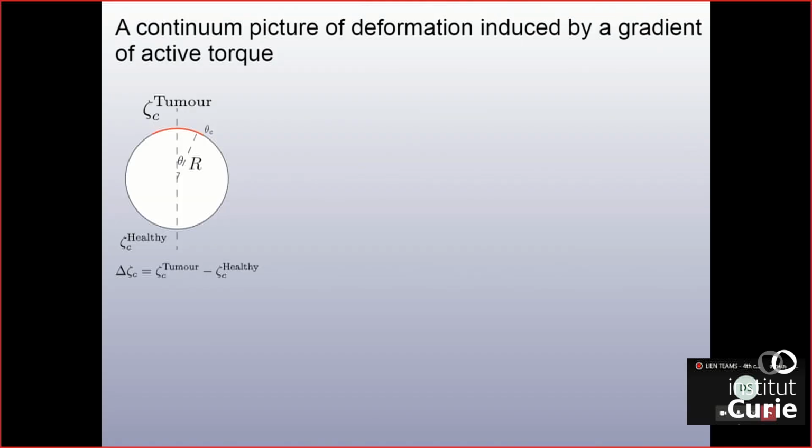Okay, and with this in mind, we can return to the question of tumor growth, and we can now do a continuum calculation where we take a cylinder and we say now this red piece is a tumor, so it wants to grow, so it has a new preferred area. But because of the redistribution of myosin apically and basally, there is also a different active torque or active bending moment in these two regions.